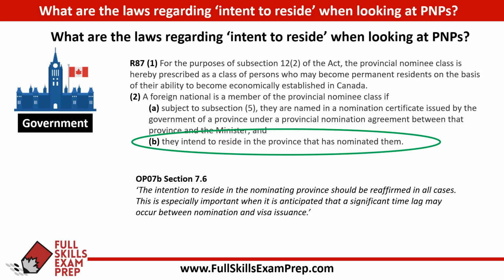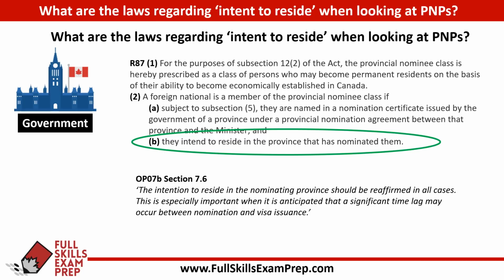Now, if you work with PNPs, or maybe you immigrated through a PNP yourself, or you have friends going through the process, sometimes the process can take a little bit of time. And they wanted to cover this, of course, in the manual because, hey, life changes, people's plans change as well, of course.